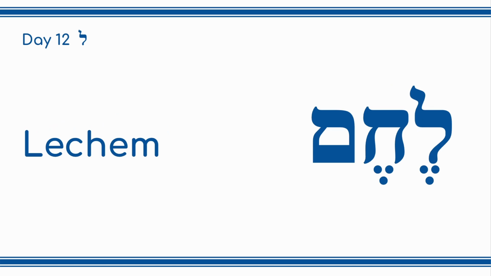So we're going to take a look at the first consonant, which you already know is Lammed, and it makes the L sound. So L, that's why it's transliterated with an L. And then we're going to look down and see the vowel. The vowel that is here is segel. Segel makes an eh sound.